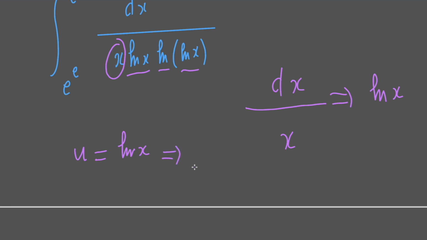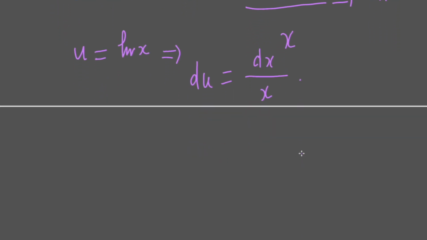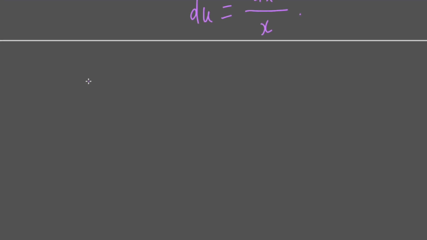This means du equals dx over x. Then the integral will become du over u multiplied by ln of u.